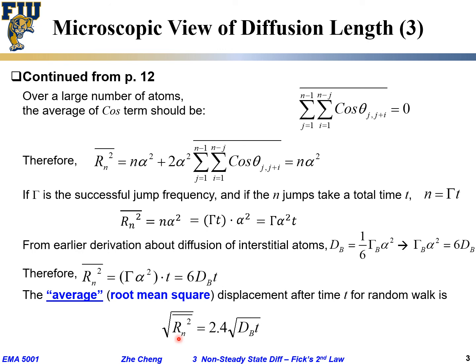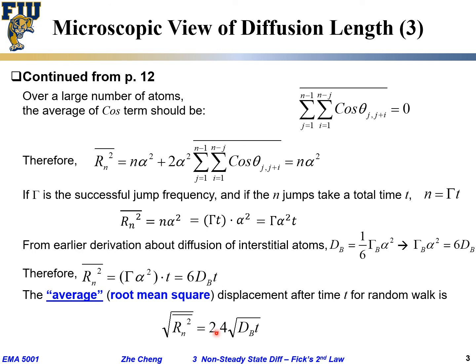The net displacement. What does Rn squared mean? The square of that displacement, which is a scalar, and you do the average, and then take the square root. That's called a root mean square, right? Root, square root, mean. You average all the square terms. Root mean square is roughly 2.4 times the square root of Dt.